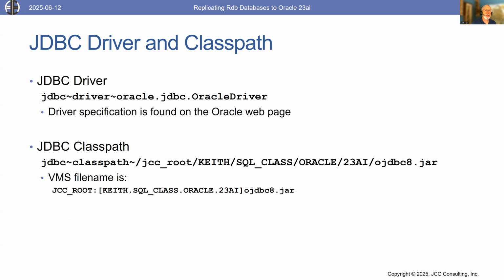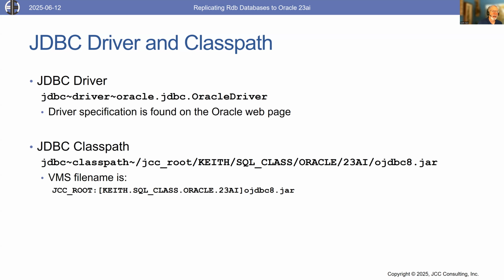The specification of the JDBC driver is found on the Oracle webpage. I mentioned that in the comments of the procedure. The JDBC class path is a VMS directory. In this case, it's a Linux-style path that is mapped to a VMS directory structure.